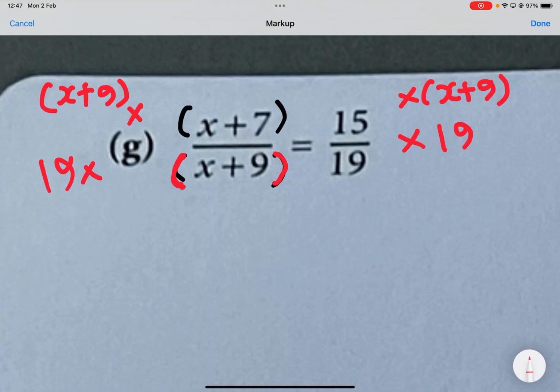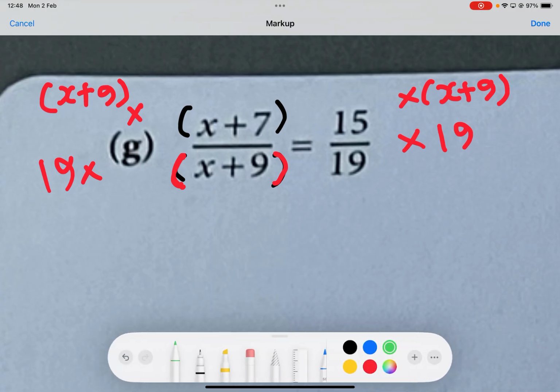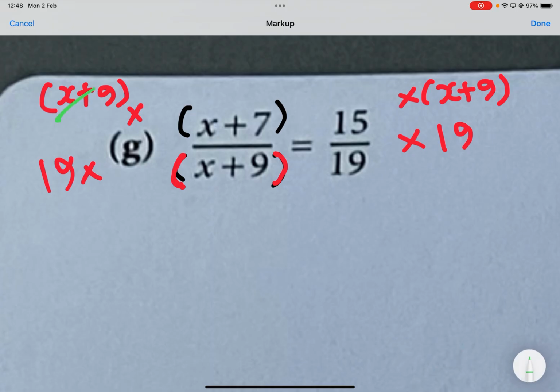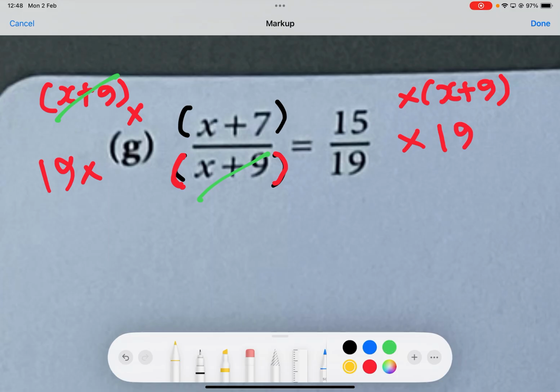Okay? So what is the effect? The effect is, I purposely multiply this bracket to cancel this bracket. I purposely multiply this 19 to cancel this 19. So on my left, I am left with 19 multiply this top numerator.